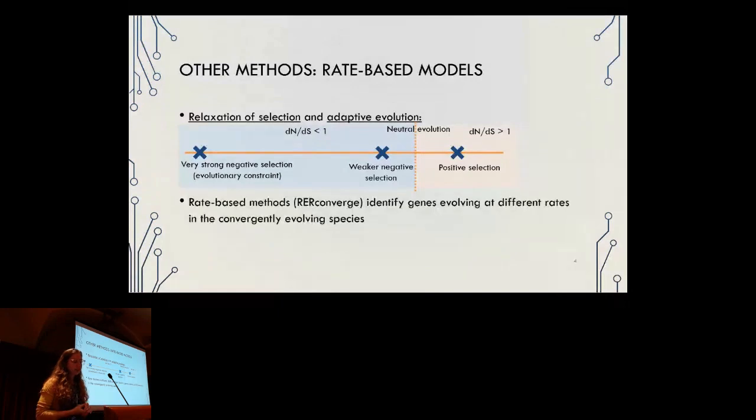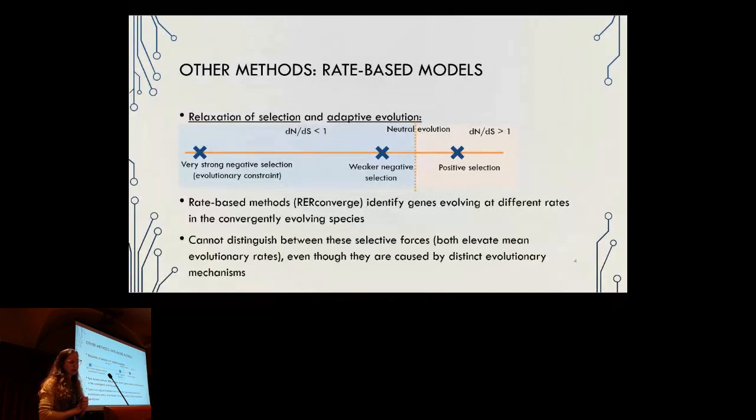Rate-based methods such as RERconverge, which was developed by our collaborator, identify genes with different rates, or shifts in the selection values, in the convergently evolving species. However, they cannot distinguish between relaxation of selection and adaptive evolution, because they both elevate mean evolutionary rates.